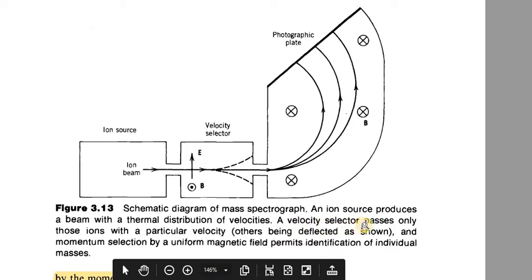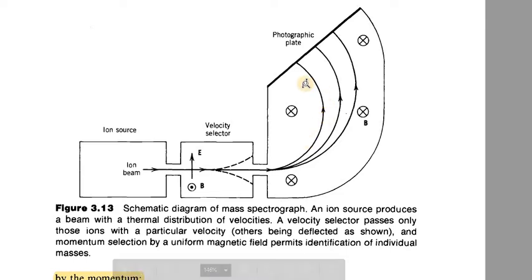A velocity selector passes only those ions with a particular velocity, and momentum selection by a uniform magnetic field permits identification of individual masses, so only the selected masses will be detected on the photographic plate.